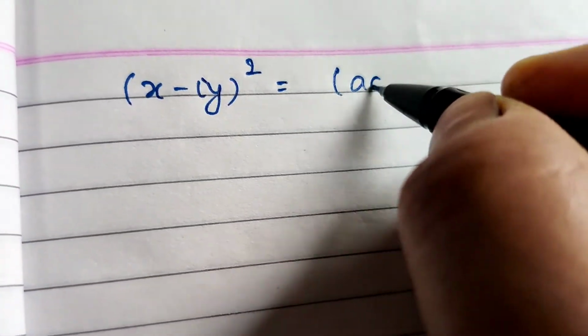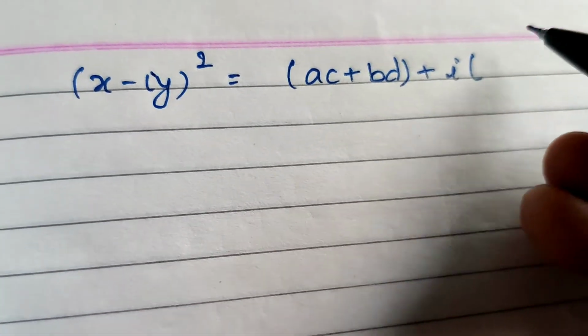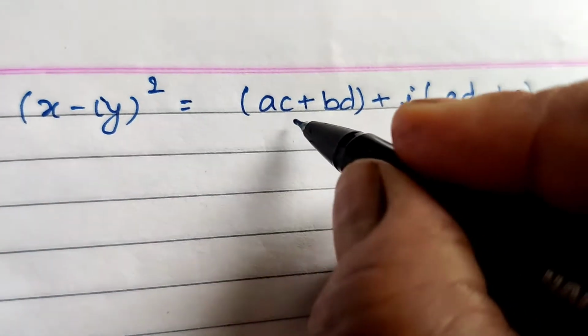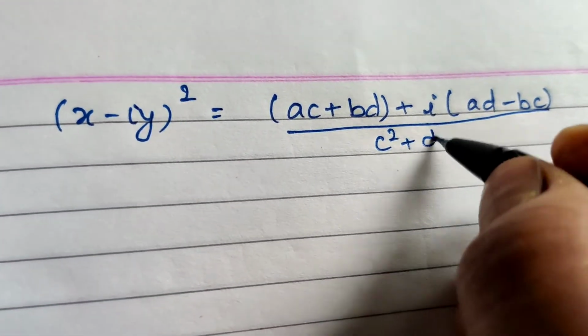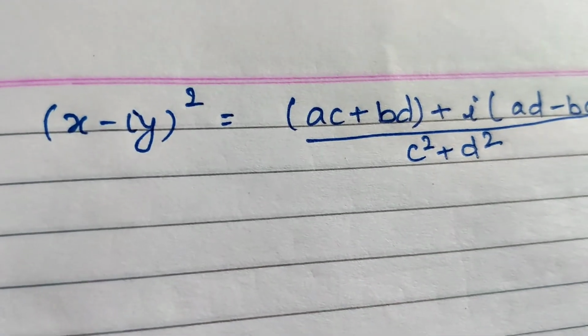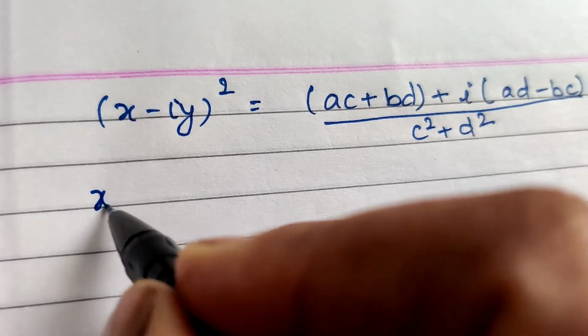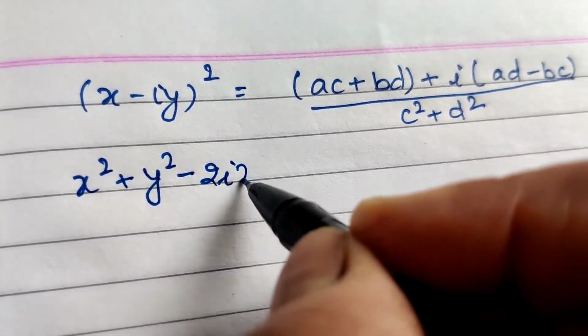It means (ac plus bd plus i(ad minus bc)) upon c square plus d square. Okay, (x minus iy) whole square.